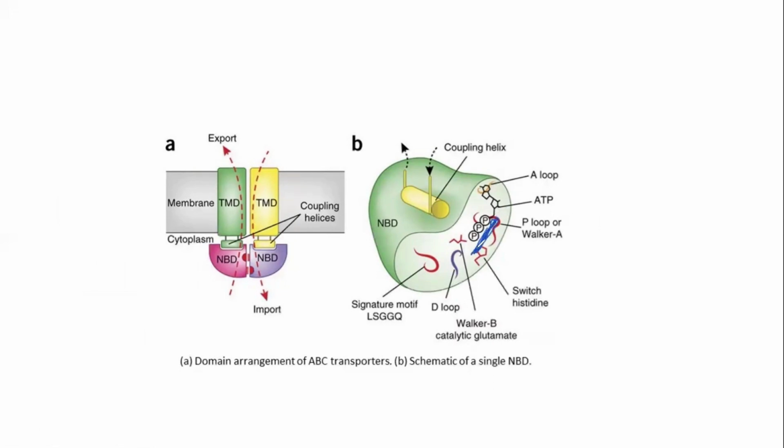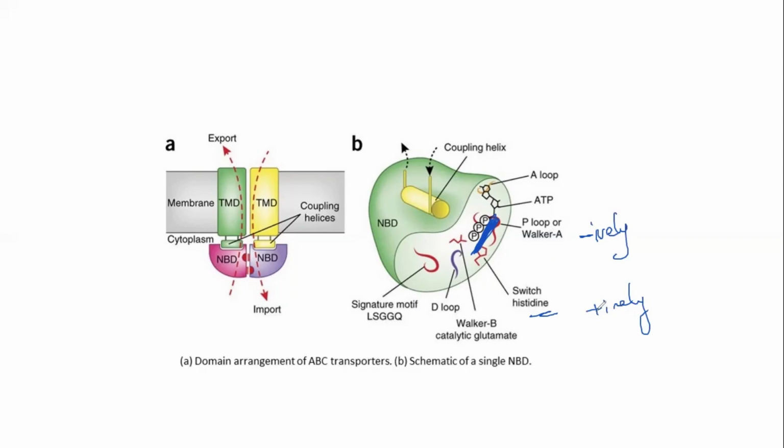What are these? The triphosphate of ATP, and phosphates are negatively charged. Histidine is a positively charged amino acid. So they are making interactions to ensure that the correct conformation of ATP has bound to the NBD.